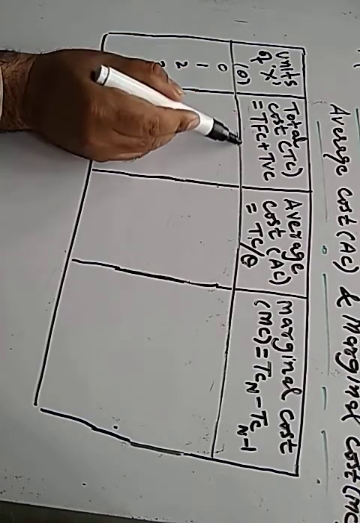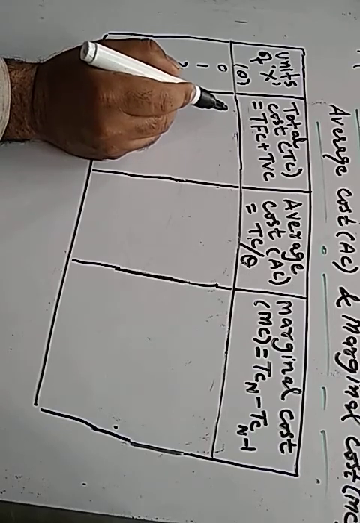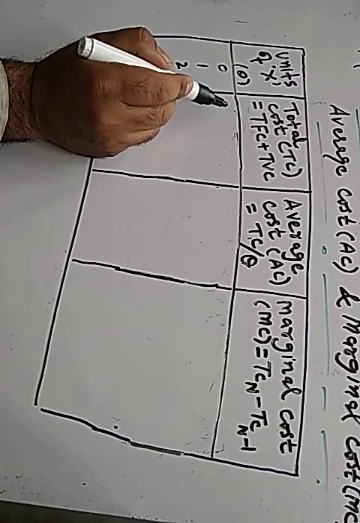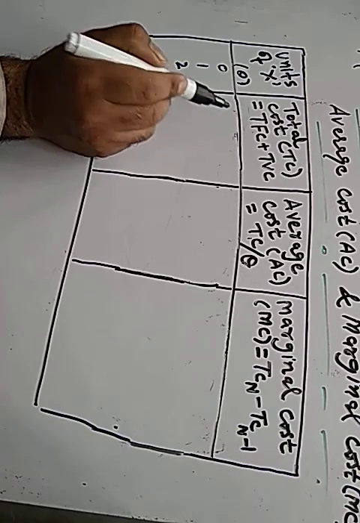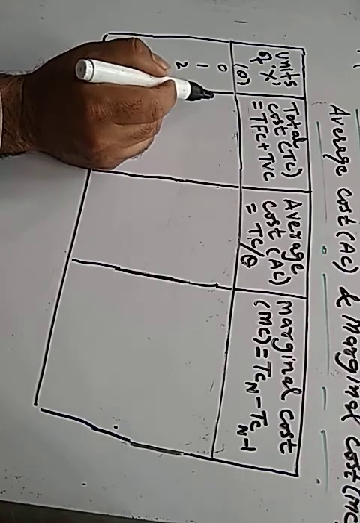suppose that is given, we will take different values, keeping in mind that this total cost initially increases at a decreasing rate, then after reaching a particular level of output it starts increasing at an increasing rate.